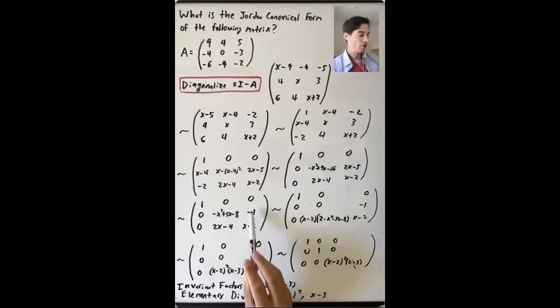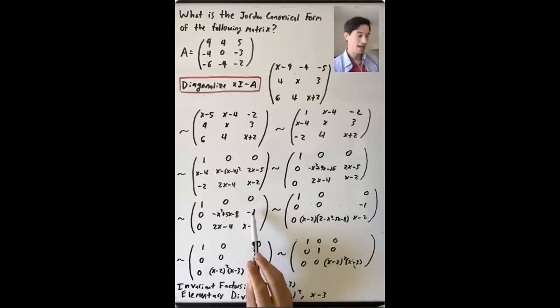I could now scale the last column to get a 1, but with the same idea, I'm just going to take x squared minus 5x plus 8 times the third column, and subtract that multiple of the third column from the second column.